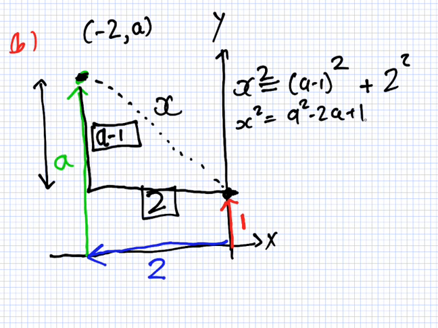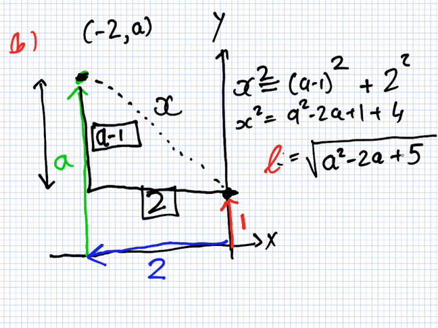So I get X equals square root. So instead of X, actually, let me call it L, because it's a length. So I get length equals the square root of A squared minus 2A plus 5. So that's the answer there for the second part.